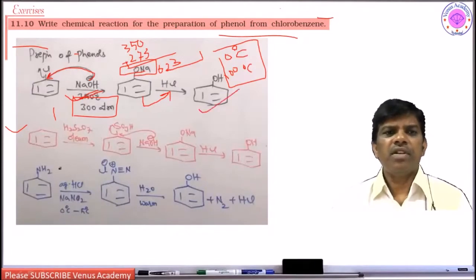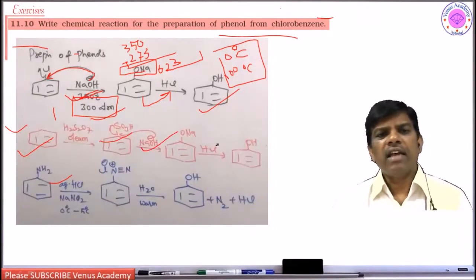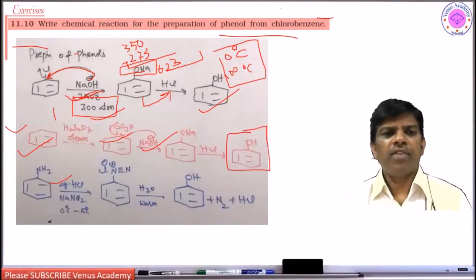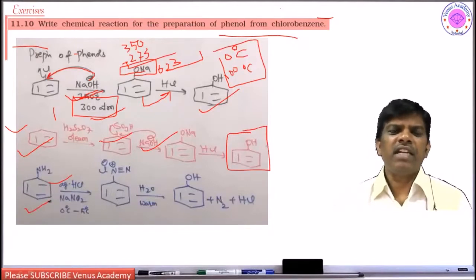Yes students, so in this slide you are going to get another method of preparation where high yields are obtained by starting from benzene, doing first sulfonation using oleum. This sulfonic acid easily reacts with sodium hydroxide at around 100 degrees centigrade, and this is a very high yielding method from sulfonic acid. And another method is known as diazotization starting from aniline, and this is also a very tedious process.